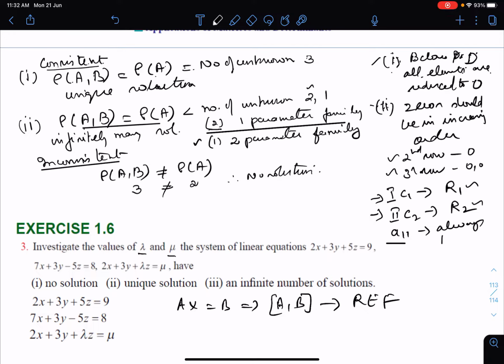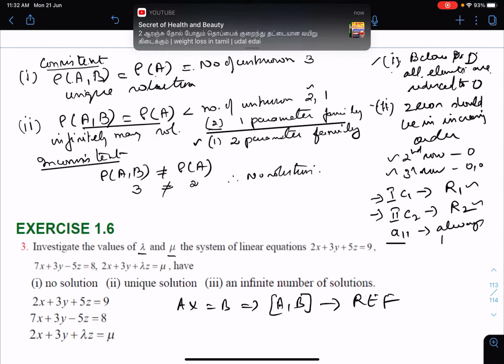Then what about the consistency? What are the conditions? After reducing to row echelon form, we count the number of non-zero rows and we write the rank of AB, rank of A. If rank of AB equals rank of A equals number of unknowns, all the three are equal, it is consistent and it has a unique solution.